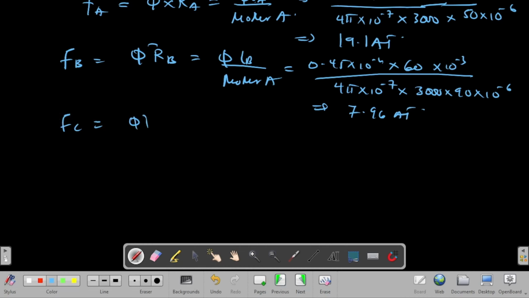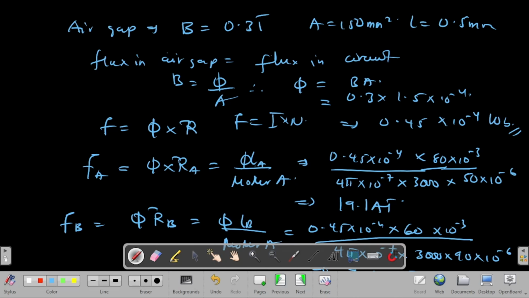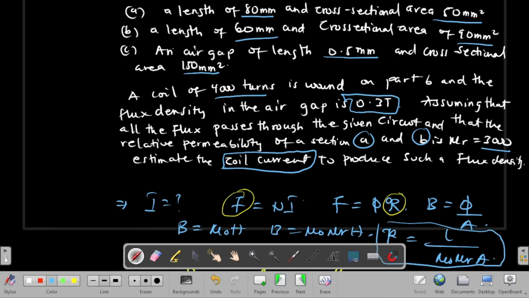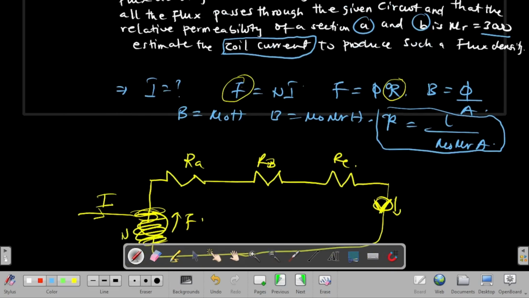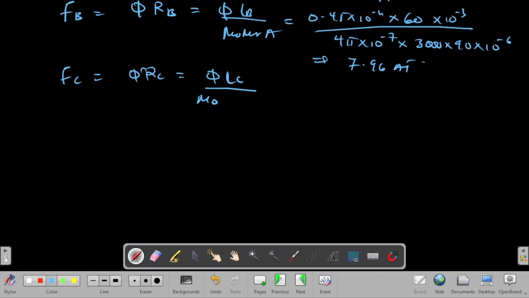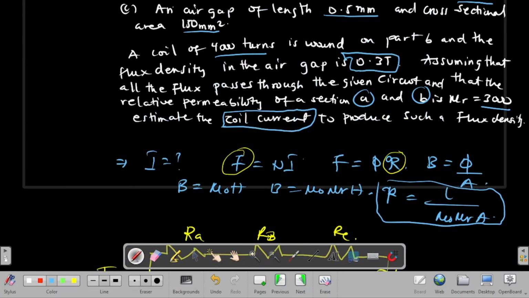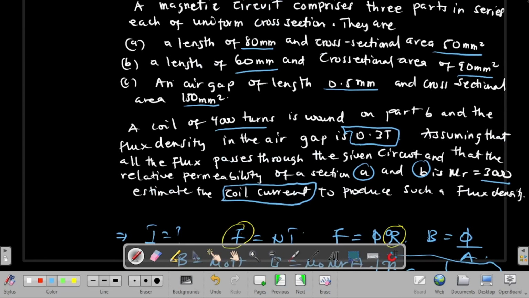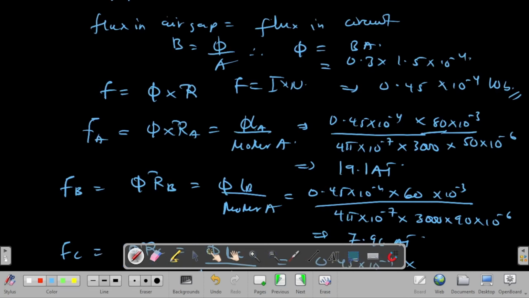Now we find FC. This is the flux times our reluctance across C, which is LC over mu naught times A. C is an air gap, so we don't need the relative permeability. So we have 0.45 times 10 to the power negative 4 times the length of the air gap, which was 0.5 millimeters, and the cross section area is 150.